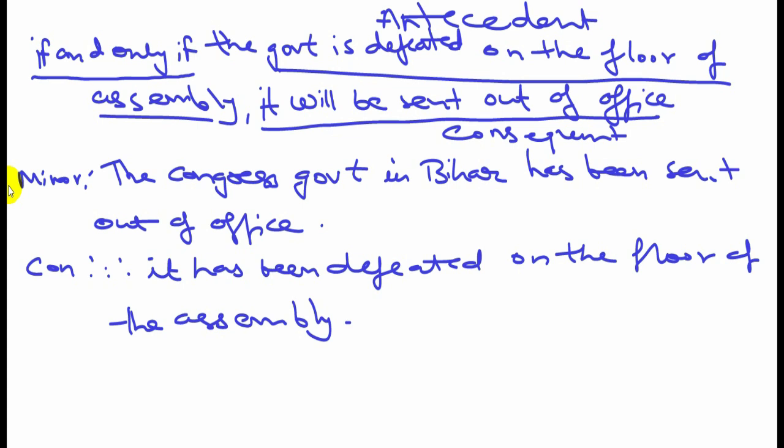However, the form of the argument will remain the same. We find that the minor premise may not affirm or deny either the antecedent or the consequent. It may affirm or deny a special case falling under either the antecedent or the consequent. So let us understand this by way of an example.